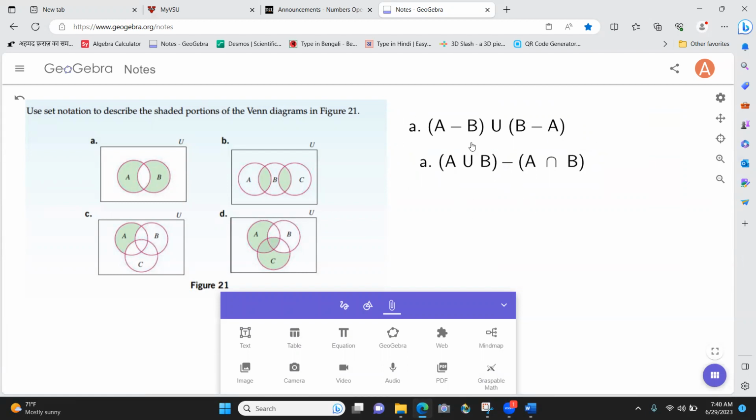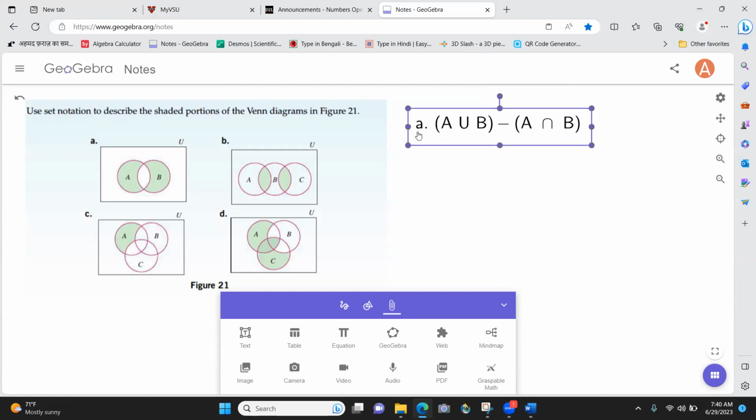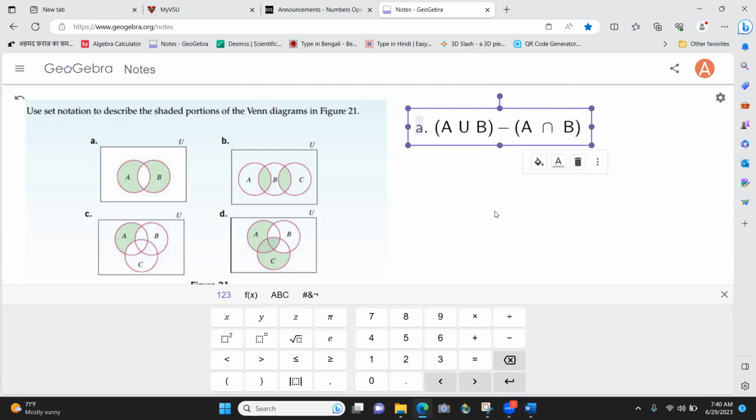All right. I don't need a lot of stuff here. I know it's being recorded. So I'm going to erase it and I'm going to work on B. So what is B? B is, now A and C are disjoint. I don't think that's an issue here.